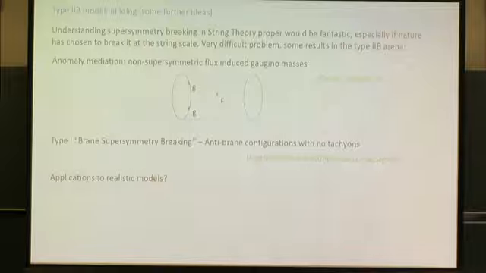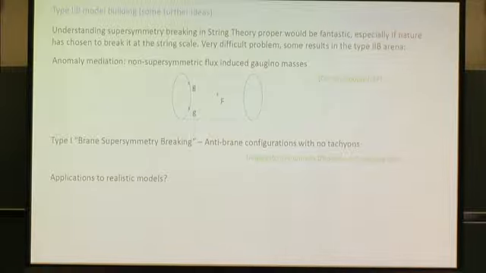So I think that's quite nice. And I'll just mention something else. This is type 1, but type 1 is close to type 2B, so I'll mention it here: so-called brane supersymmetry breaking. This is an older paper, but a very nice result. It's a configuration in type 1 string theory where we can understand everything fully in string theory, which actually contains anti-branes.